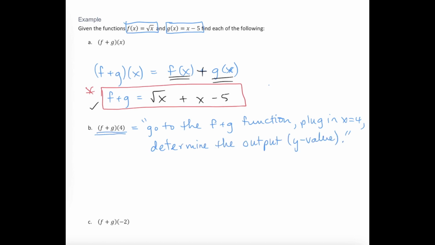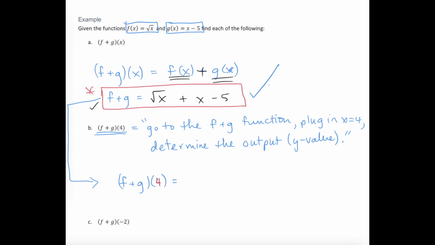So we'll say, in order to find f plus g evaluated at 4, we need to locate the f plus g function. Well, here's the f plus g function. So to find f plus g evaluated at 4, I'm going to take this function and plug in x is equal to 4. Remember, this value here is indicating the x value that I'm going to plug into the f plus g function.